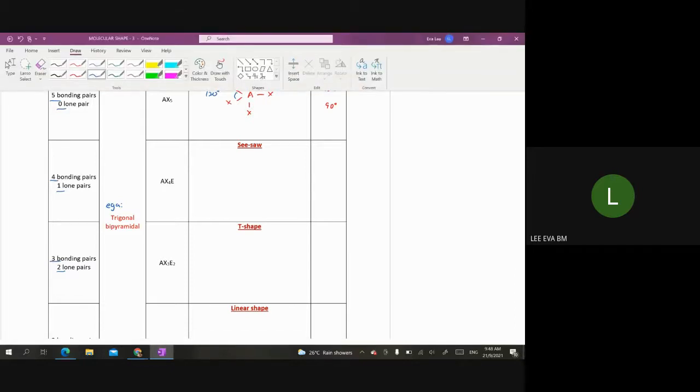Macam mana kita dapat seesaw shape? This is when you have 4 bonding pair with 1 lone pair. Macam ni madam tak nampak seesaw pun. Tak apa, madam buat melintang. Ini adalah kaki seesaw. Ini tempat yang awak duduk, adik awak duduk. Ni nampak tak satu seesaw?